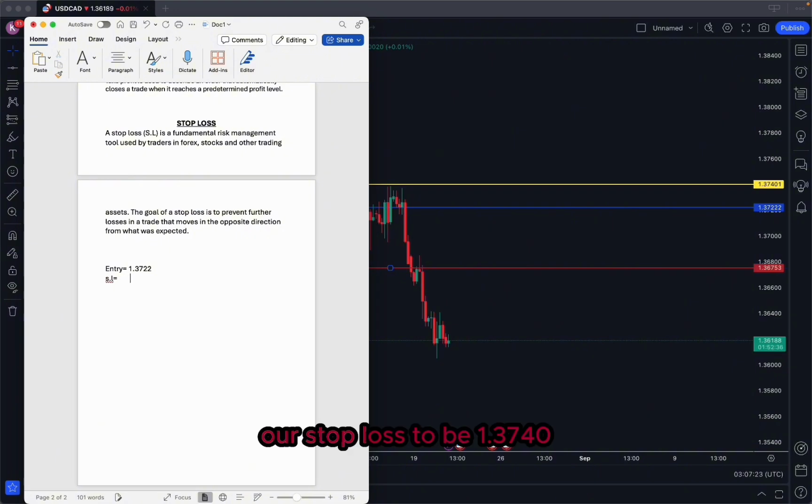Our stop loss to be 1.3740. Our take profit, that's TP, is 1.3675.